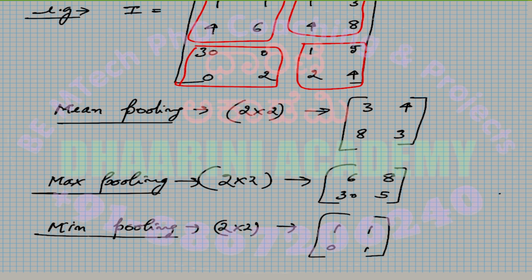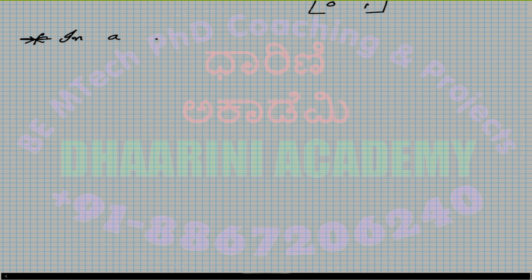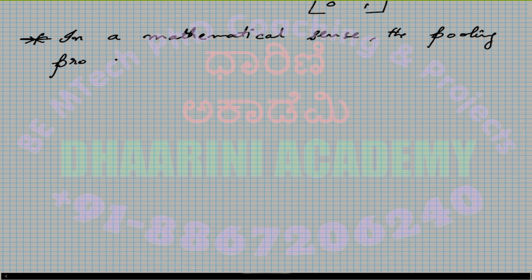In a mathematical sense, the pooling process is a type of convolution, right?